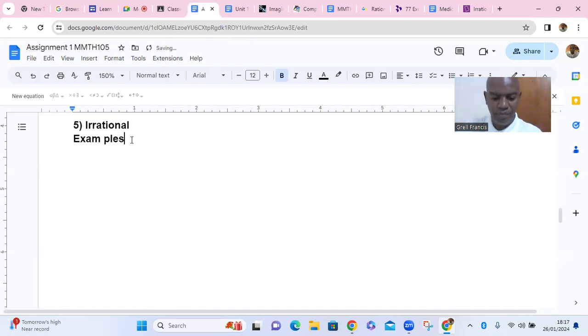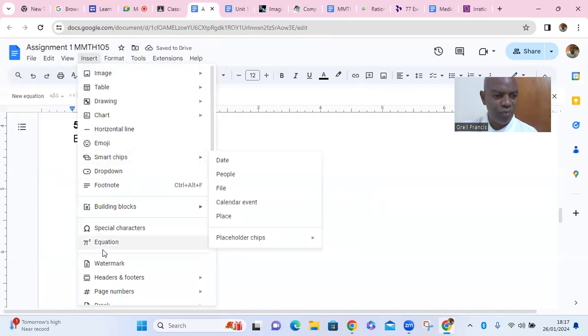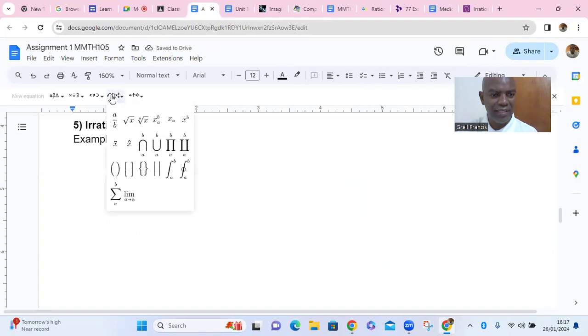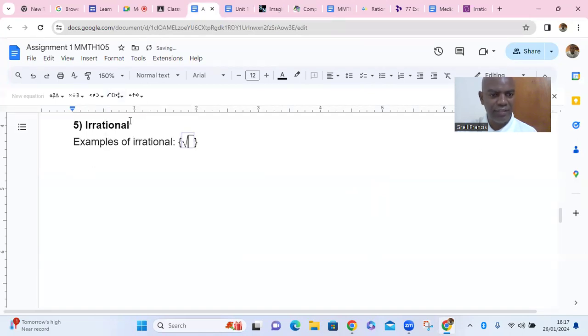Examples of irrational numbers: square root of. So we need the square root notation, the square root symbol. It's called a radical sign. Here it is. The square root of 7.